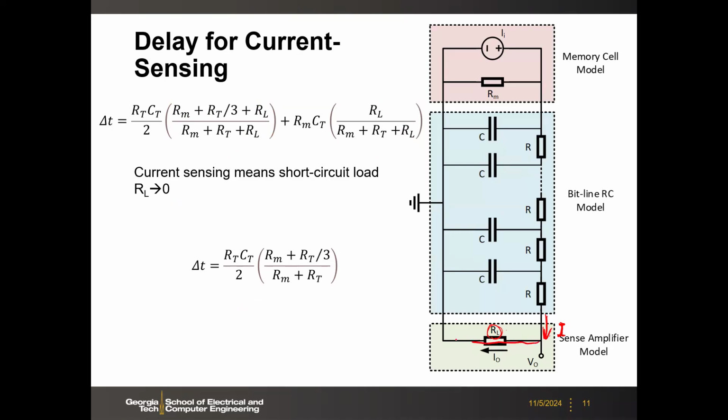So ideally, this should connect to the ground. That means RL goes to 0, then this becomes 0, 0, 0, 0. Then you can rearrange the terms for the rest, and it will become this one.